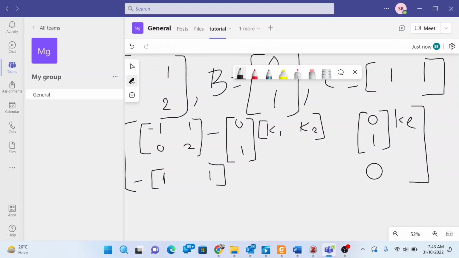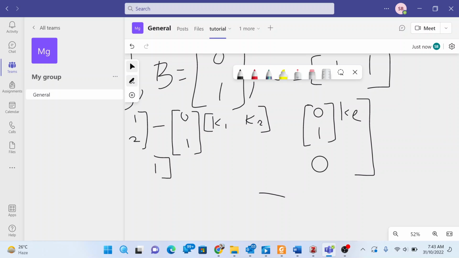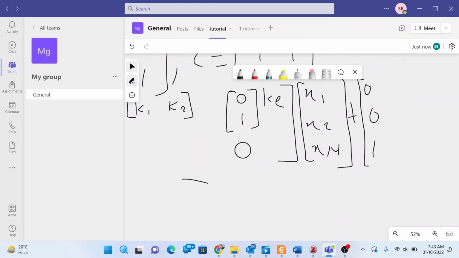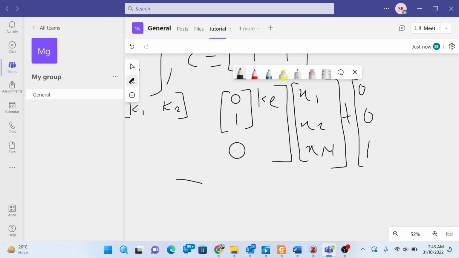So when they are in this matrix, it's going to be x1, x2, xn, plus this is going to be 0 0 1 arrow. So that's our equation.